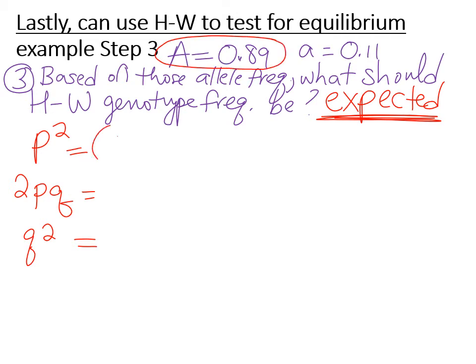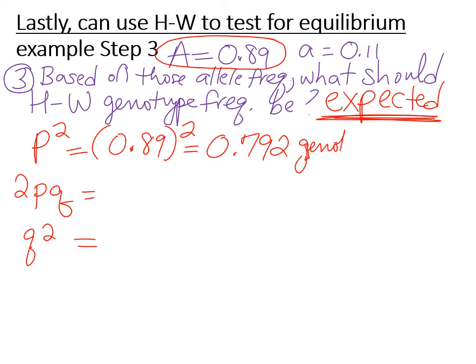So that is 0.89 squared, which if you plug that into the calculator should give you 0.792 as the genotype for equilibrium of capital A, capital A.